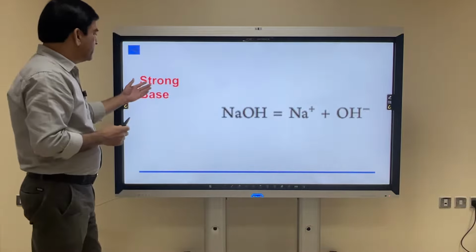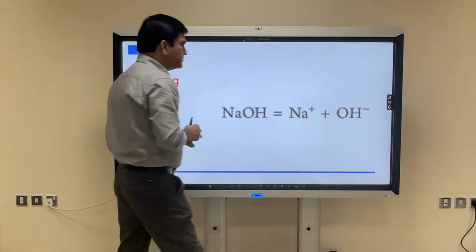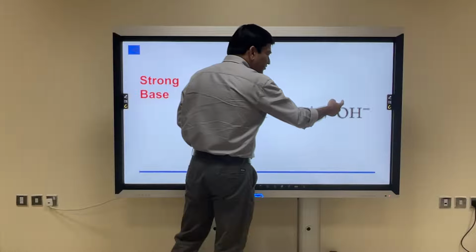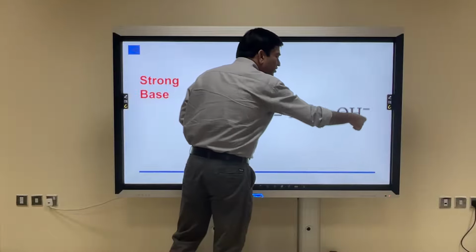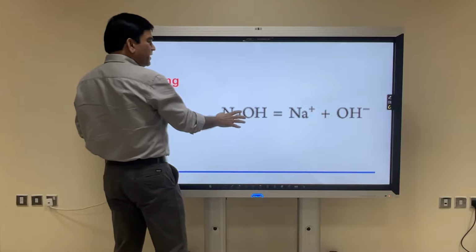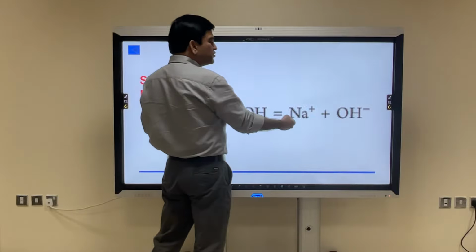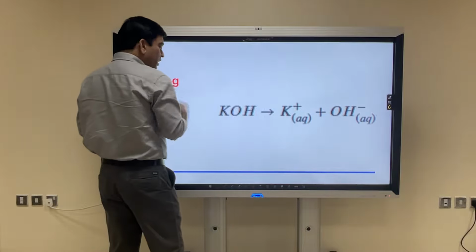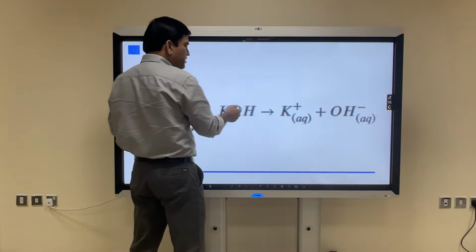Example, NaOH breaks down into Na+ plus OH-. So you can see there's a release of hydroxide ion, OH-. This is a strong base, so it is completely dissociated into the corresponding ions. Then you have another strong base, potassium hydroxide.